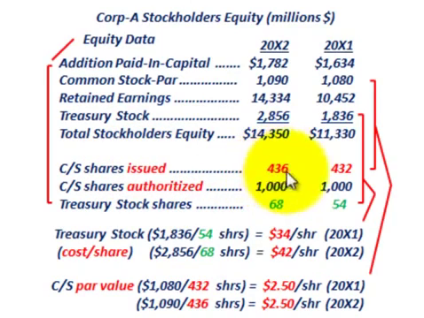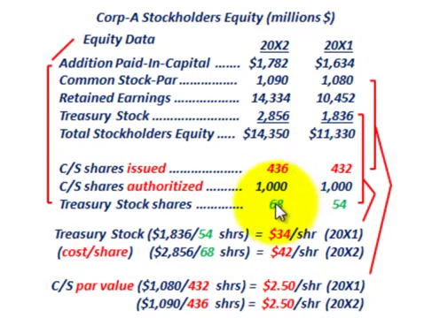Those are the total number of shares that the company issued in common stock, but those also include the treasury stock shares that the company bought back. So at any one time, the number of shares actually outstanding would be the number of shares issued, minus the number of treasury shares that the company bought and is holding as treasury stock shares.